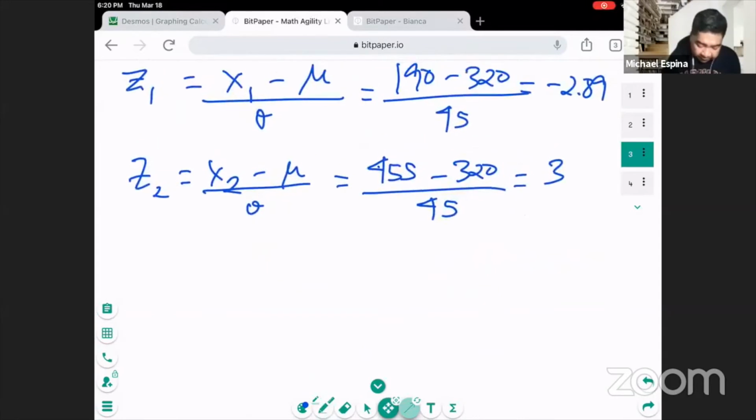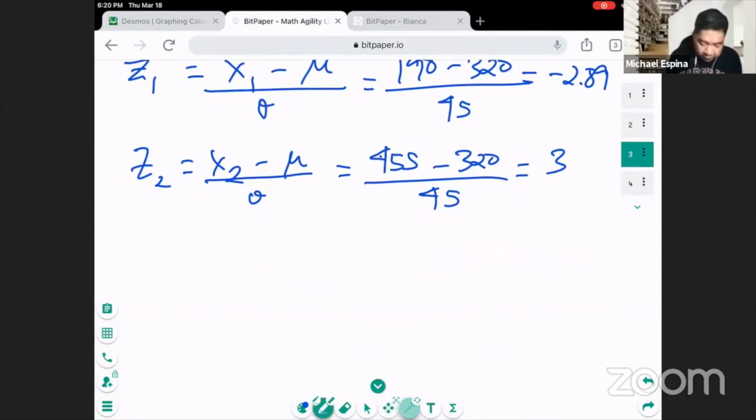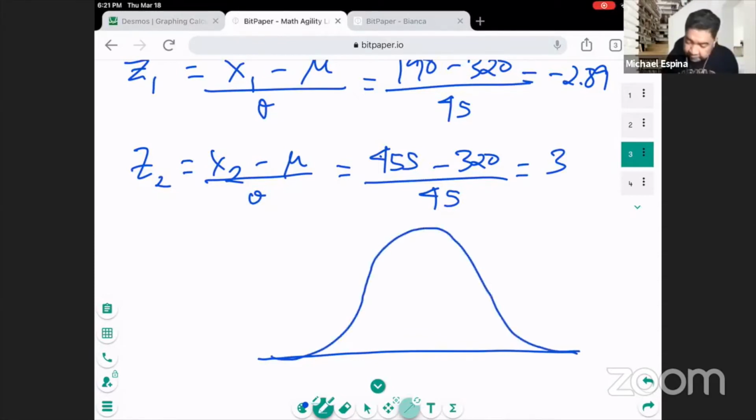Z score graph. Let's say this is our Z axis, the Z value. Since it's a normal probability, we have the bell shape, and the middle of this would be Z equals 0, right?